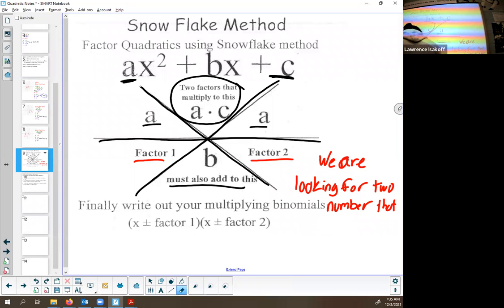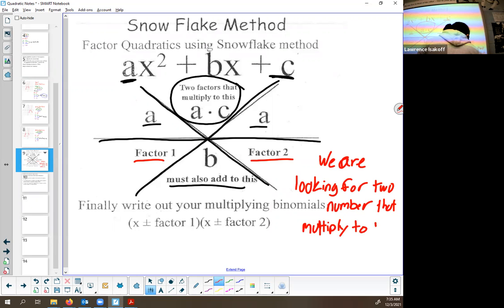Oh, sorry for misspelling multiply there. So you need to multiply to the top number and add to the bottom.